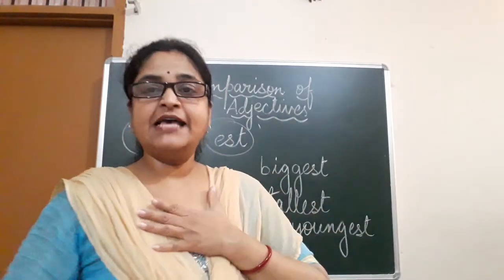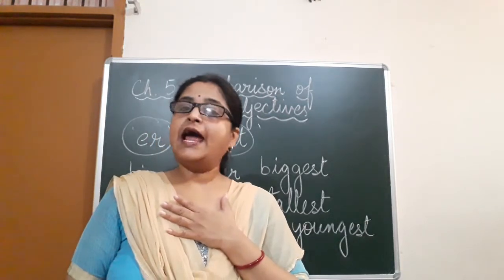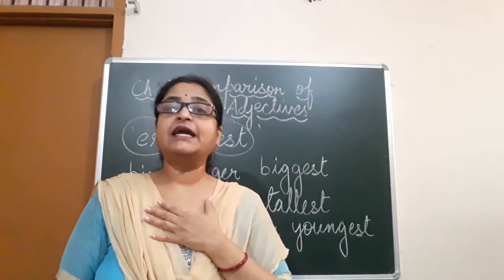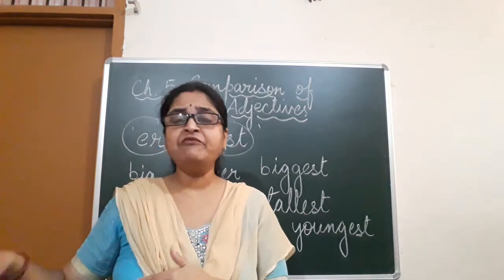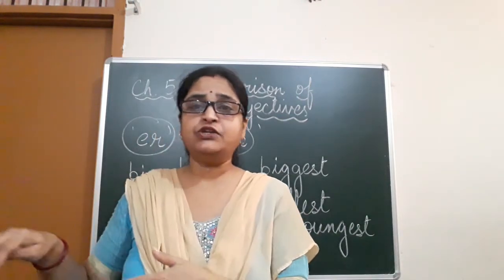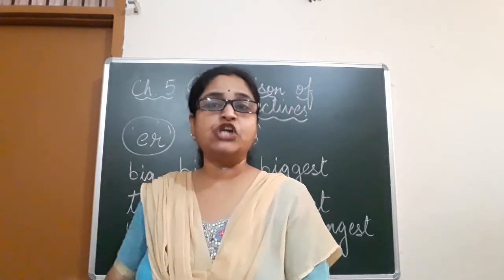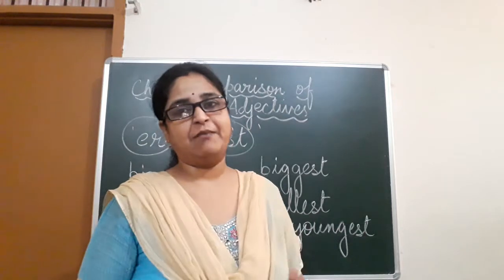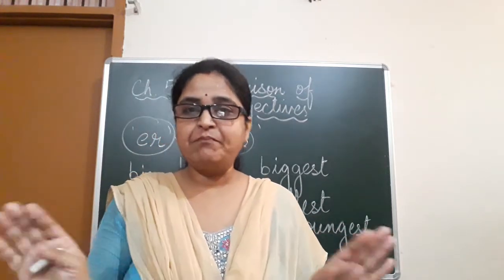I am also a person, so I am a noun, and the qualities told about me are that I am tall, I am old. In the same way, we said about my daughter that she is younger than me, she is shorter than me, and she is the youngest in my family. I hope you have understood the comparison.